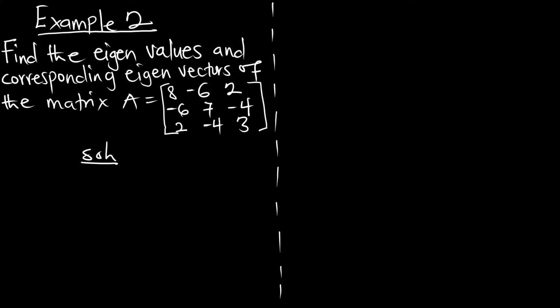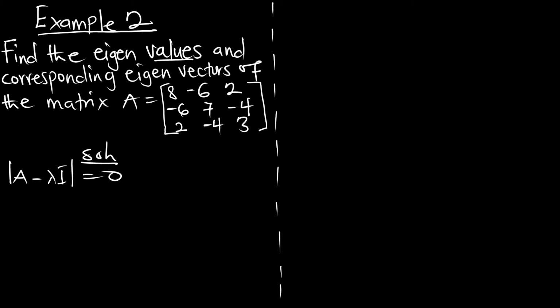So we start with the eigenvalues, and we know that to find the eigenvalues, we are going to find the determinant of the matrix A minus lambda I equal to 0, where each of the symbols has its usual meaning. The lambda is the eigenvalue and I is the identity matrix. A is the matrix given.